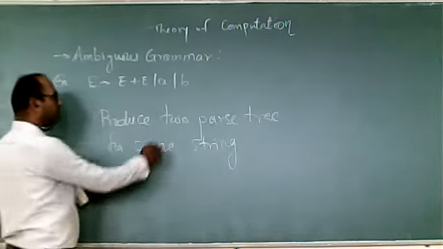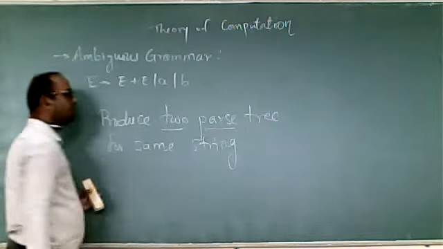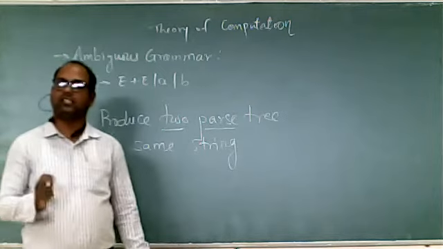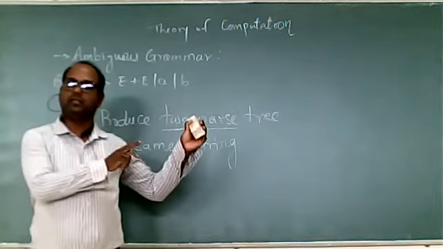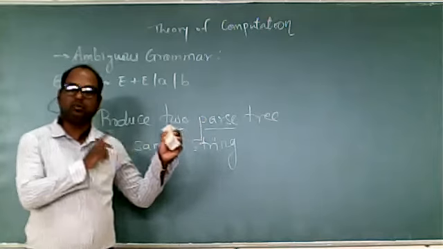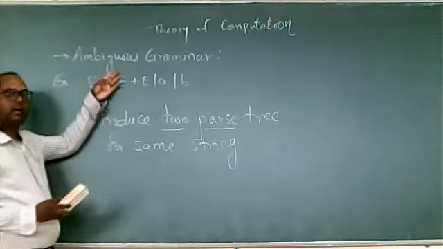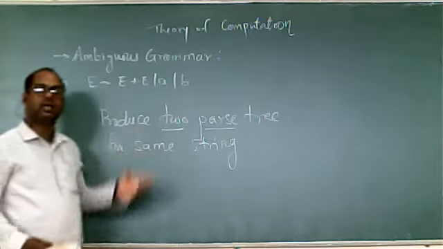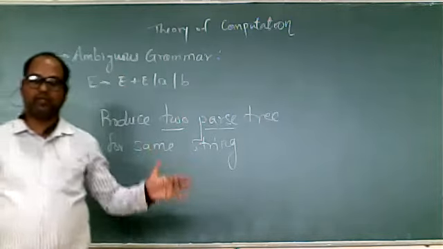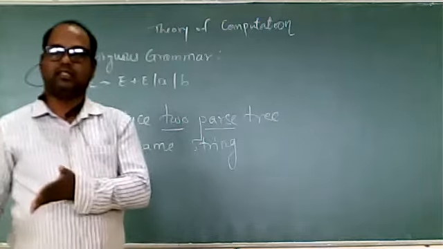If there is more than one parse tree for the same string with the help of the same productions, that grammar we will call an ambiguous grammar. That is called ambiguity, because in two different ways we are getting the same string.